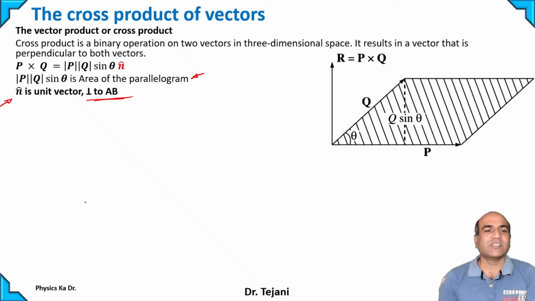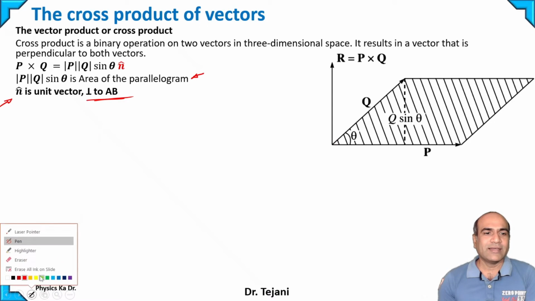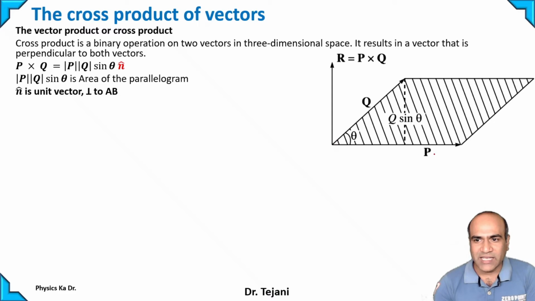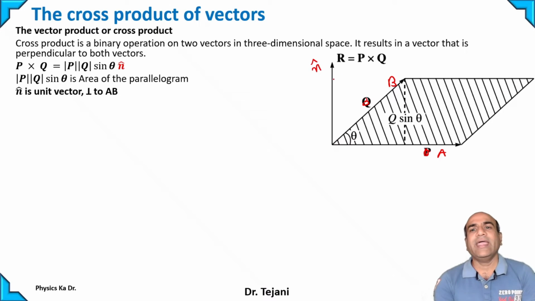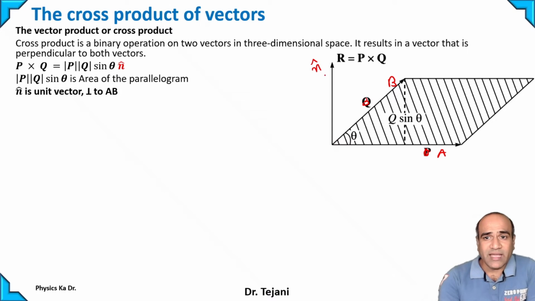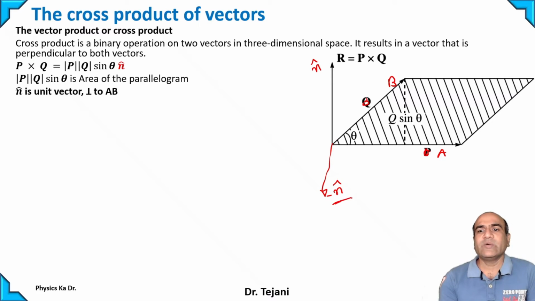and which is always perpendicular to AB. That means AB or PQ. If we take this AB vector here, it gives just a direction. It can be the upper side, it can be maybe the opposite side. Both are possible, right? Negative, both are possible.